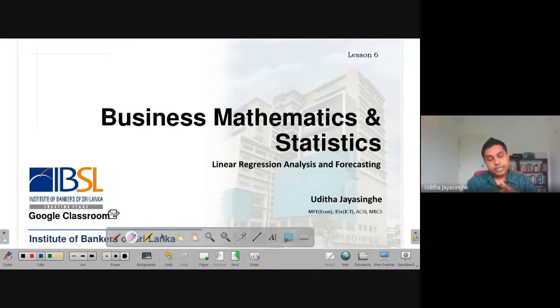But the lesson that we are continuing today, the linear regression analysis, is a very interesting lesson. And in the latter part of the lesson, we will cover an ample number of exam questions where you will see more or less the examiners tend to at least give one good 20-mark question coming from this area. And there's a pattern in that question as well. As you move on, you will get a glimpse of it.